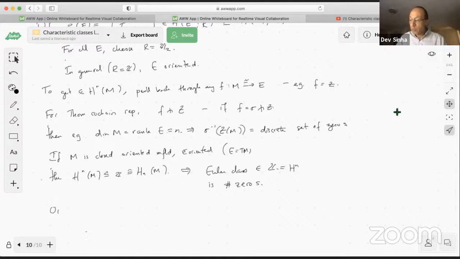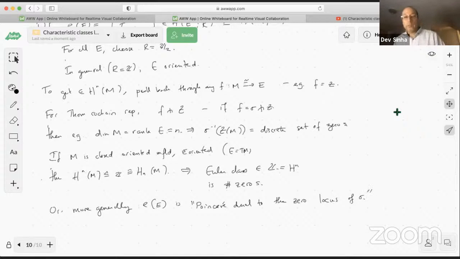Or more generally, the way you would say this classically is that the Euler class is Poincare dual to the zero locus of our generic section, sigma. So that's the Euler class. But again, instead of saying Poincare dual, we use this Thom cochain language.